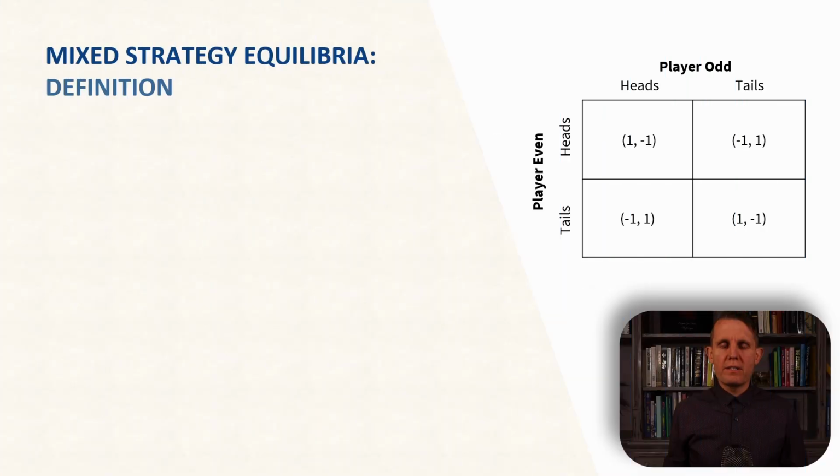So now let's define the idea of a mixed strategy Nash equilibria. This is an equilibria where the two players play a mixed strategy, which means that they probabilistically choose the action that they're going to play in a game.